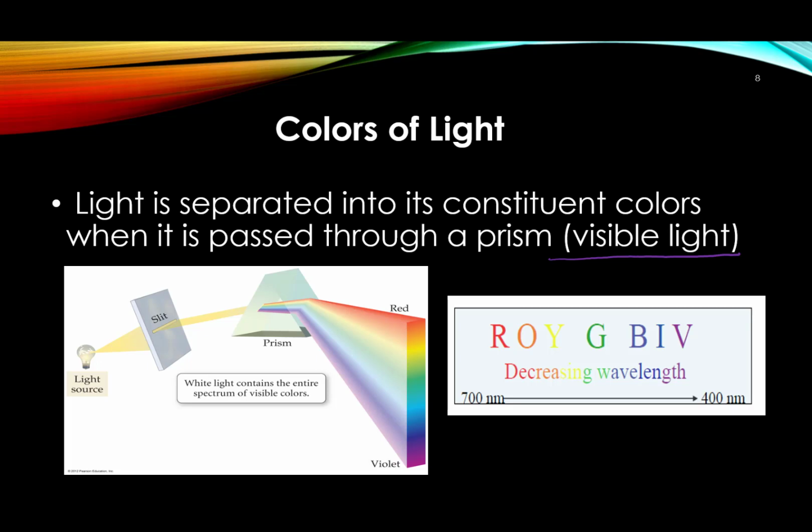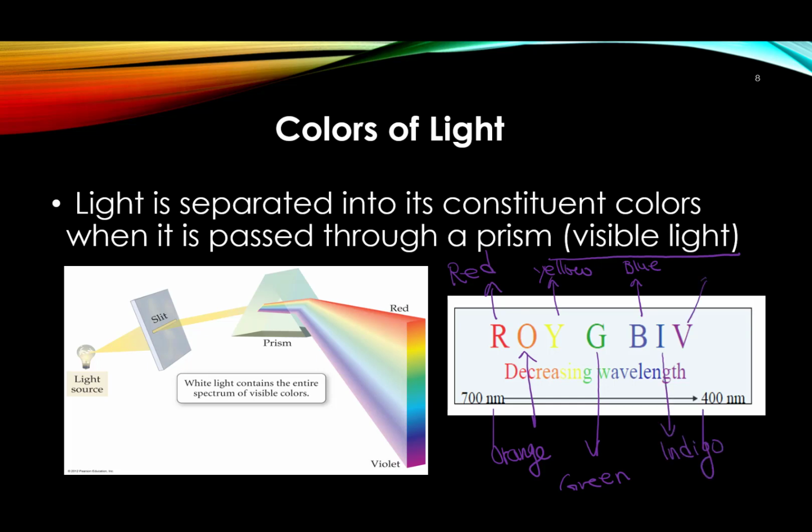And those colors are: R is red, O is orange, Y is yellow, G is green, B is blue, I is indigo, and V is violet. These are the colors of visible light.